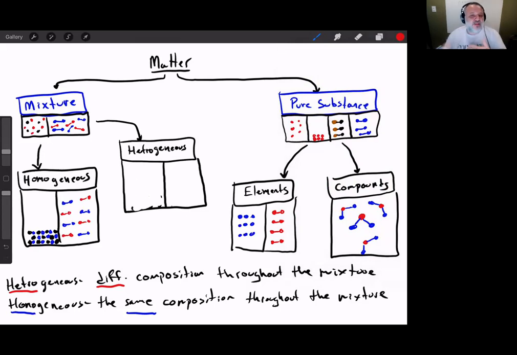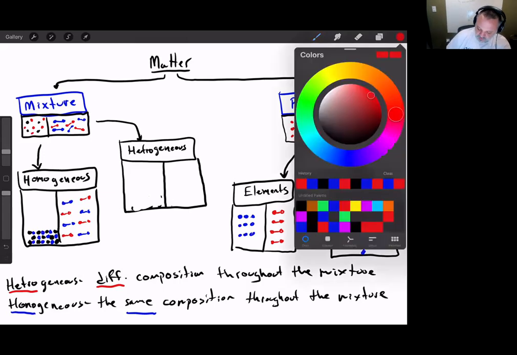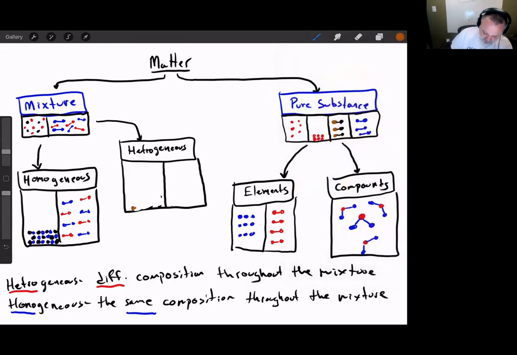And so let's break it down to everyday life, right? Before we do that, let me get the pictures of heterogeneous. So here's a picture of heterogeneous, right?